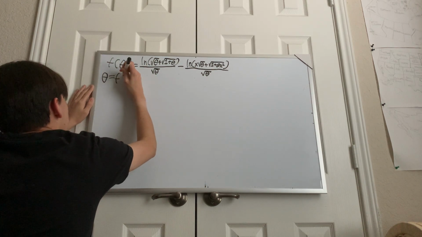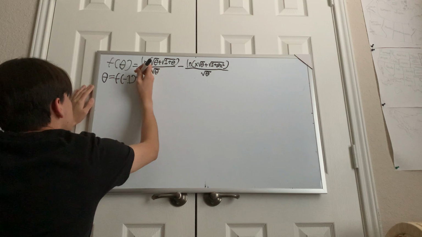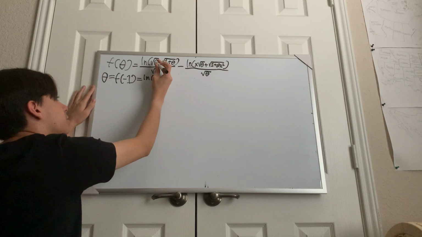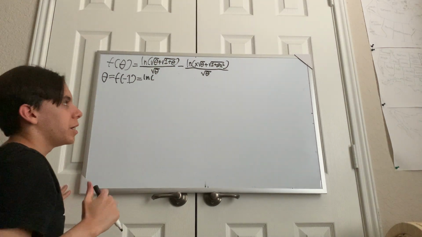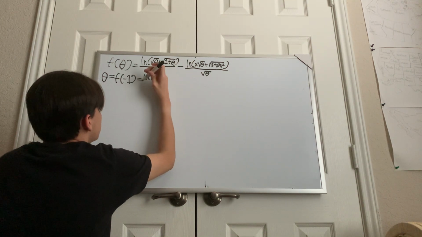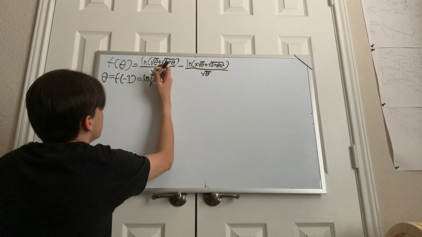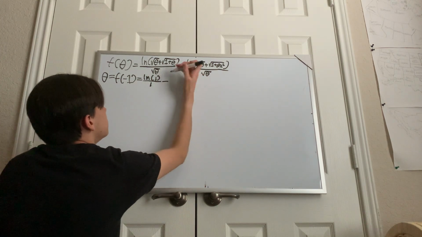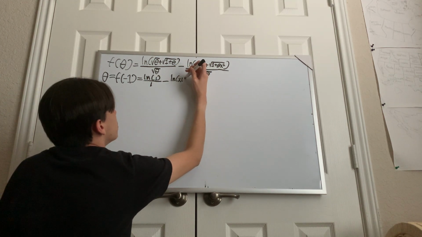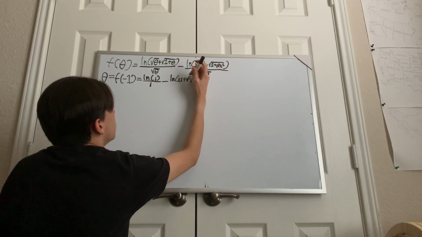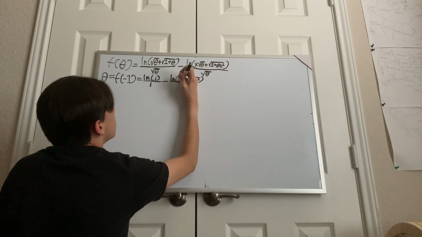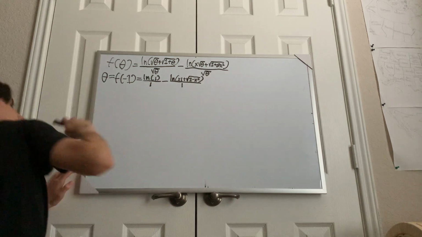Theta equals f of -1, which is equal to natural log of, plugging -1 here, we get square root -1 plus square root 1 minus 1, which is all just ln i, which is square root of -1, divided by i, once again, minus natural log of xi plus square root 1 minus x squared, all of that divided once again by i.